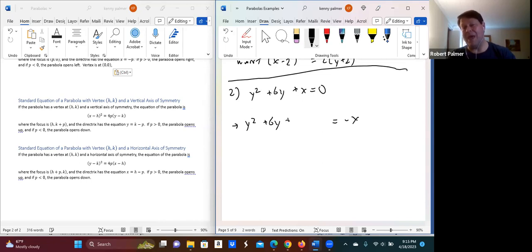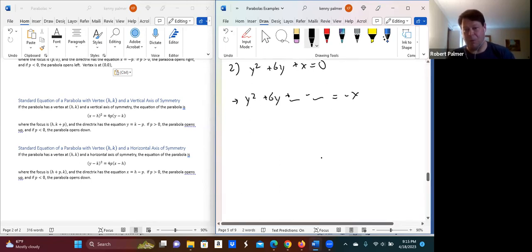Once again, I'm going to have to add something and then take it away. And once again, put this way down here to make sure I have enough space. What I want out of all this is y plus or minus something squared equals something involving x on the other side. Once again, I take half of this number, including the sign, which is plus 3, and square that.